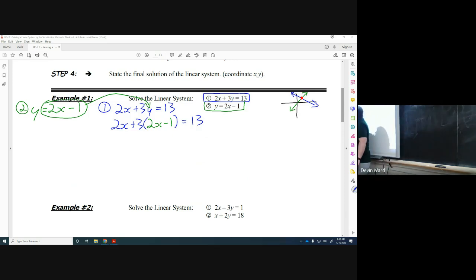Does that make sense? I have y equals 2x minus 1. So where I have y, I put 2x minus 1. I just took everything that y equals and plopped it down right there. Everyone watch.